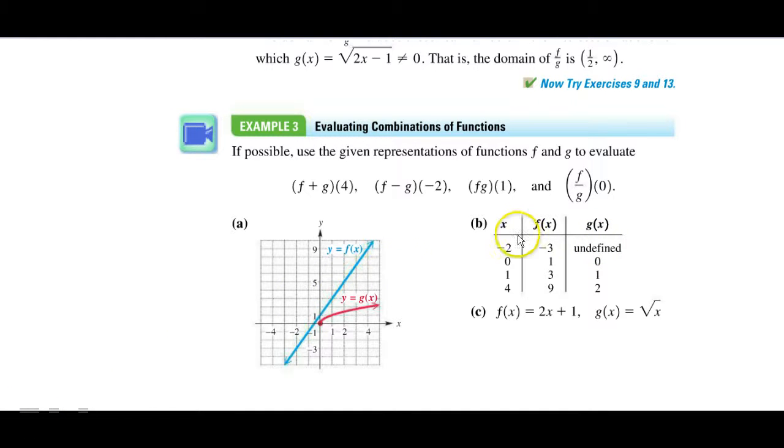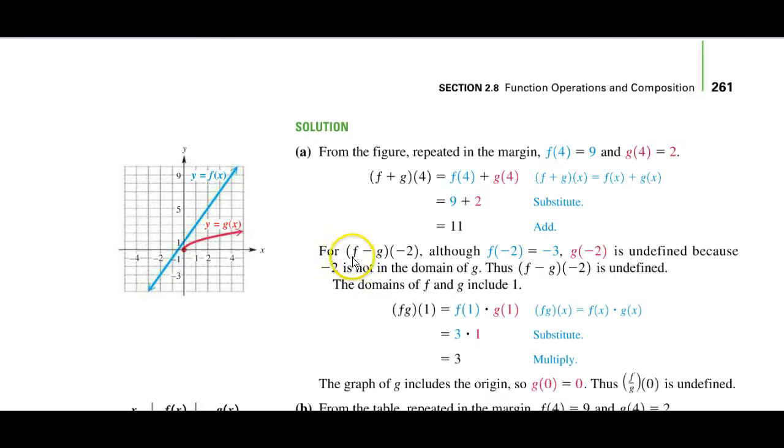So we have a -3 and undefined. So we're saying for the arithmetic function of f and g, of subtraction, where we include a -2, we get -3 and undefined. So therefore, this function will be undefined.